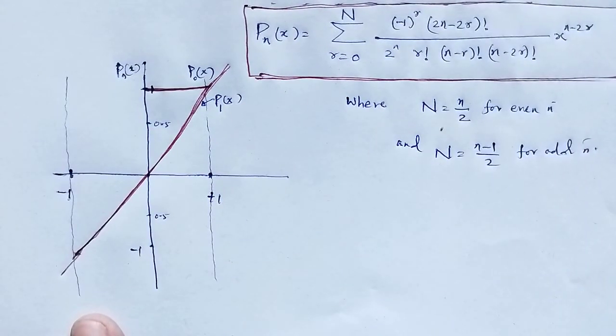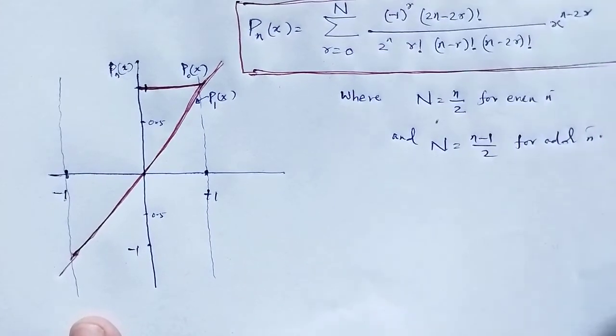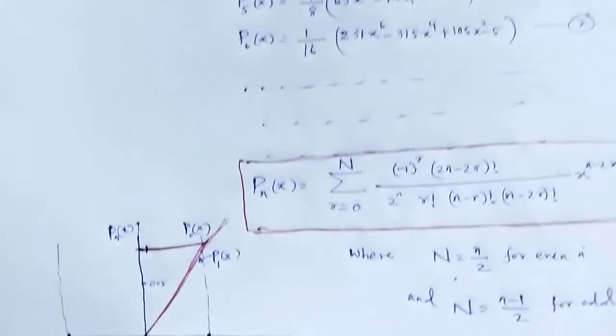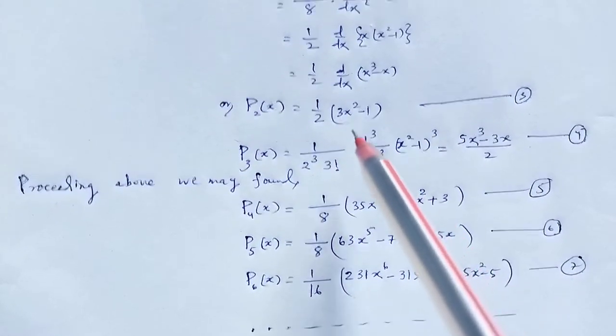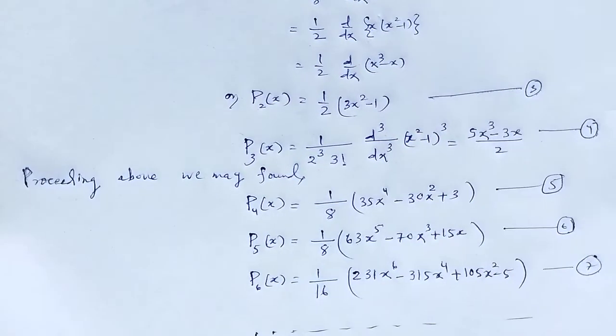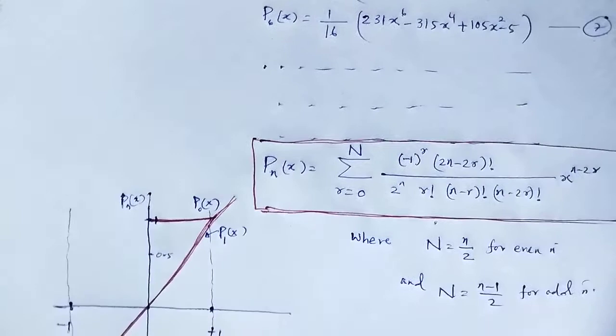Then P2x, that is 3x square minus 1, that looks like a parabola.